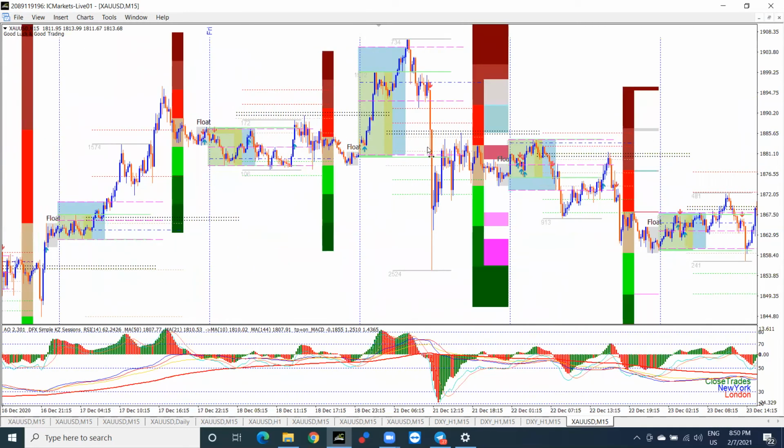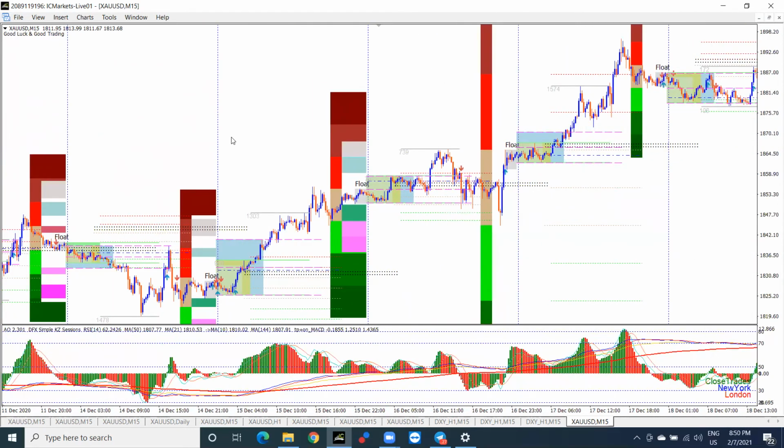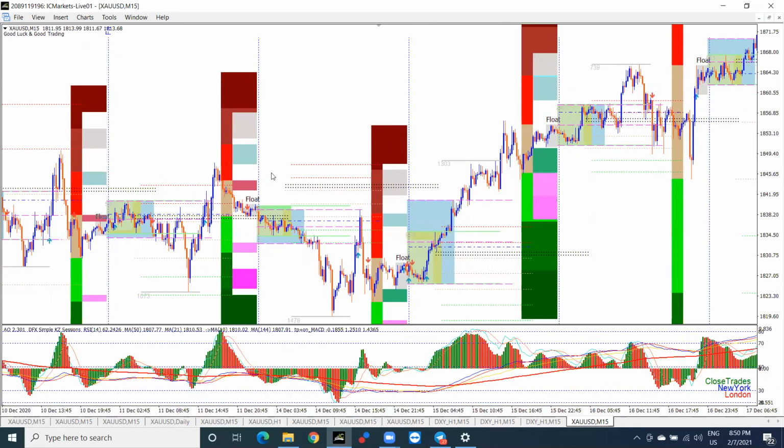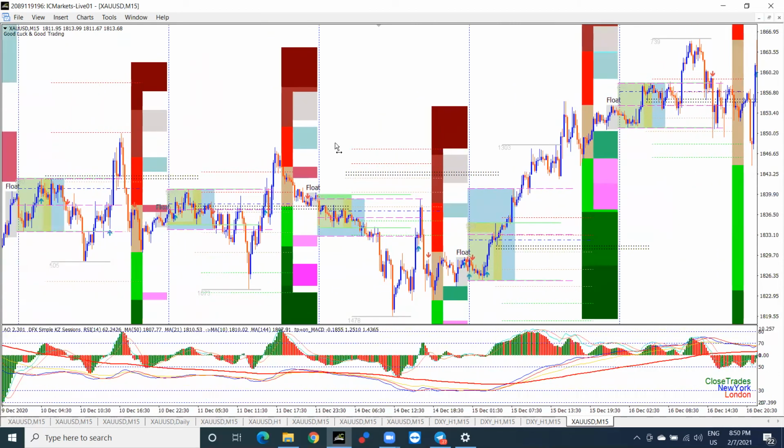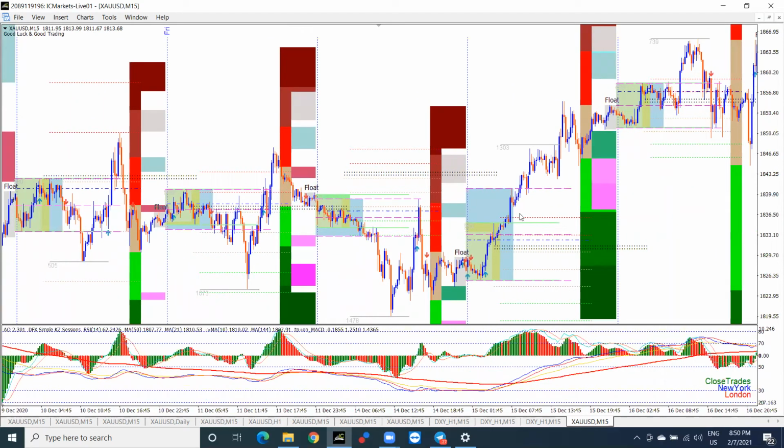Let's see some more examples. This one is good. We have only one which is not okay. The midnight opening candle is below the buy lines.